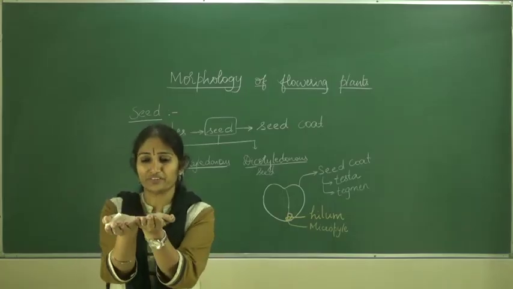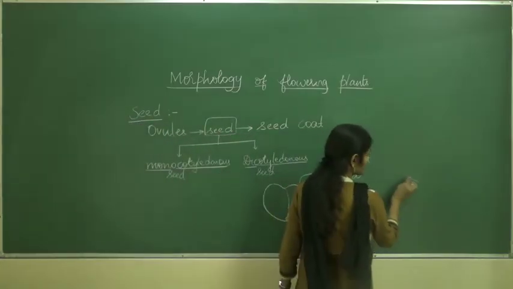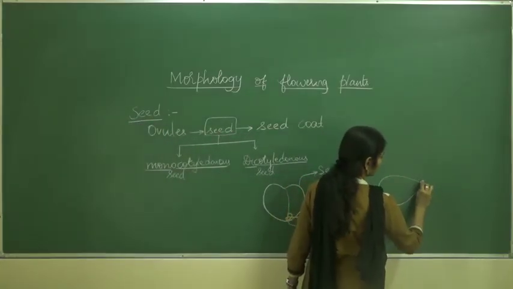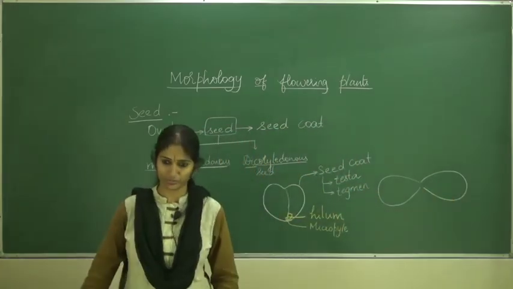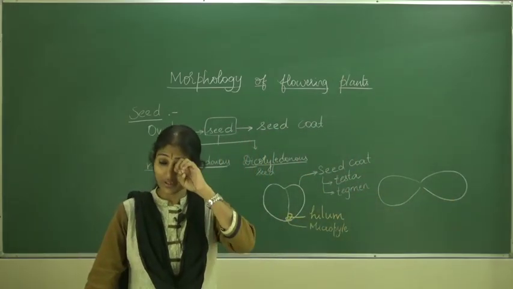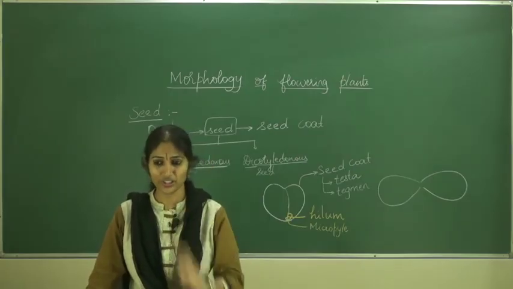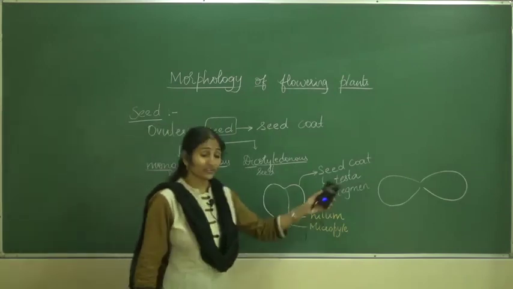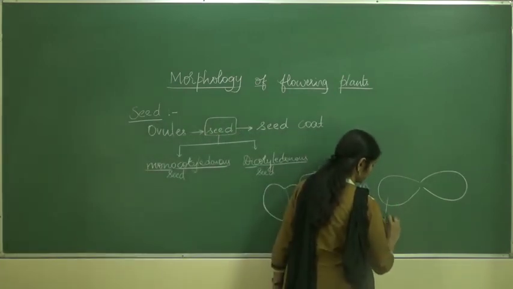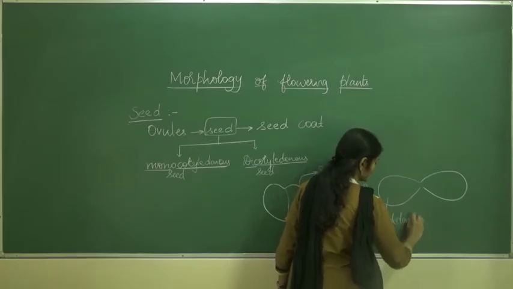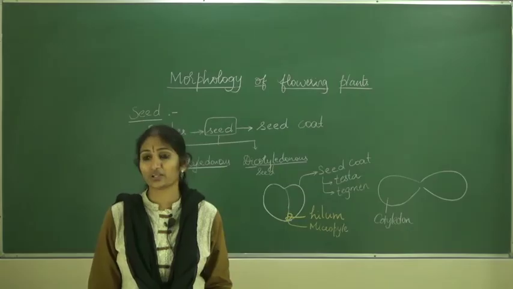Then you open it up like this, and what you see is two almost equally shaped, similar parts of the seed. That yellow colored thing that you see in the case of kadle is what we call the cotyledon.